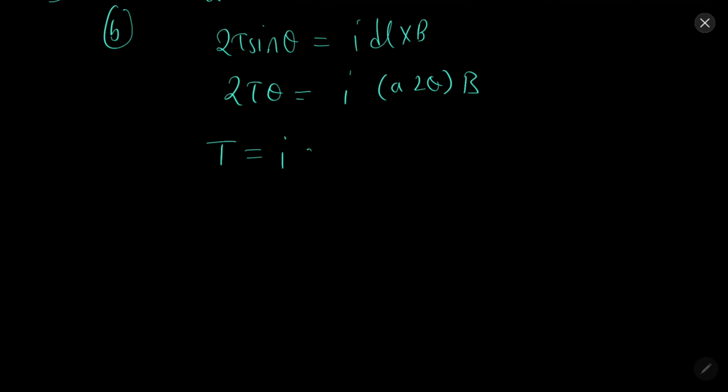So T will be I a B, or dl I over 2 theta. Force of compression on the wire will be this much.